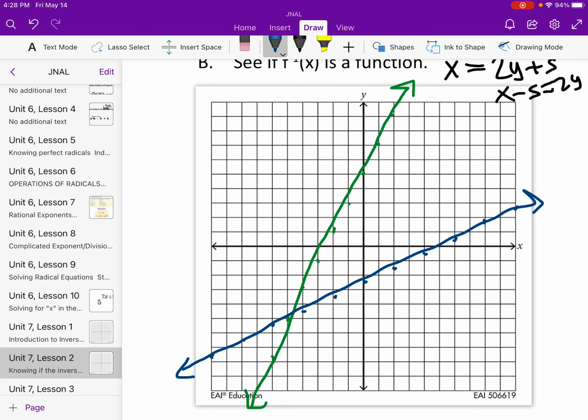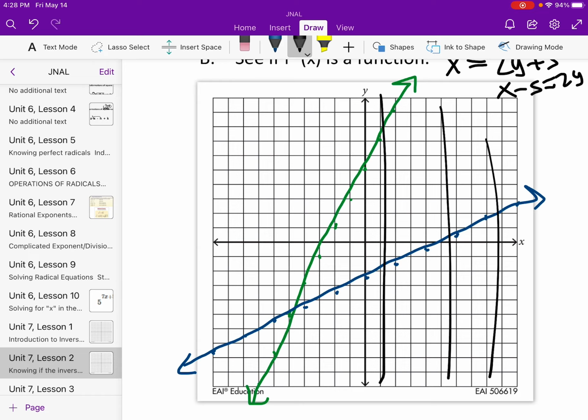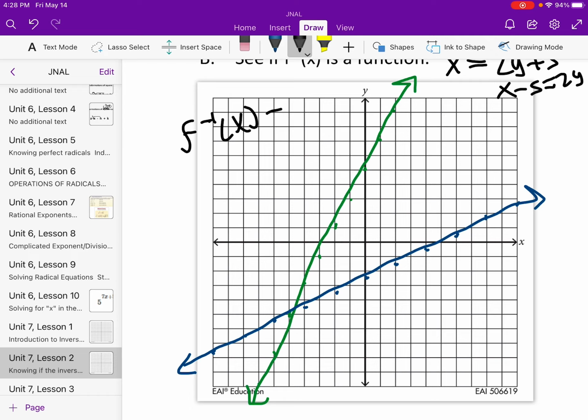We already knew that this is a function just because the green one passed the horizontal line test. But just to make sure, let's give this one the vertical line test. Is there any point at which it touches 2 times? No. So we would say that the inverse of f of x is a function, so we'll just say check.